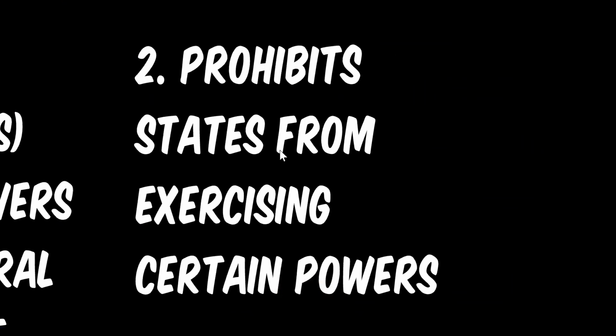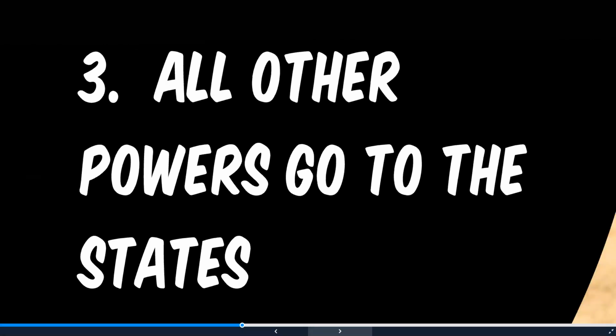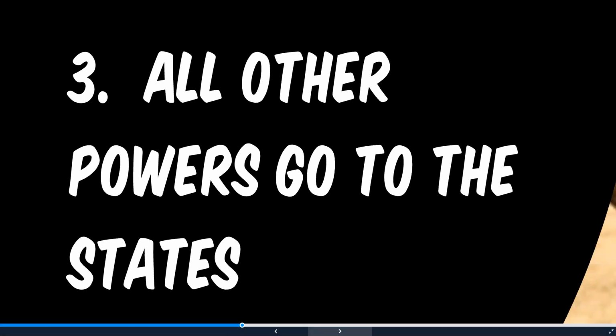So the Constitution will list, and it says, these are the powers the federal government has. And then another section of the Constitution says, these are the powers that the states do not have. And then everything else goes to the states. So whatever powers the federal government does not have, the states have.